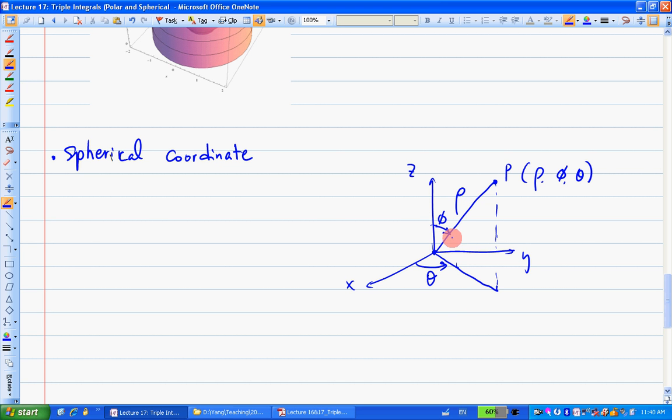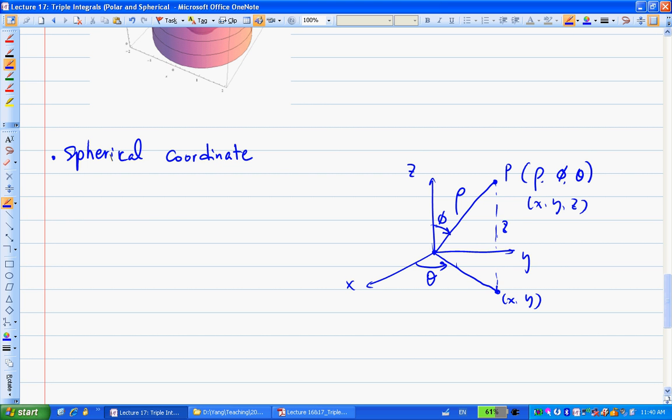So these are the spherical coordinates, and the next question is, what is the relationship between the spherical coordinates and the Cartesian coordinates? Because ultimately we have to transform every piece of information from Cartesian to spherical coordinates. It's actually quite simple. Originally it's x, y, z, and this point here is x and y, and this distance up is z.